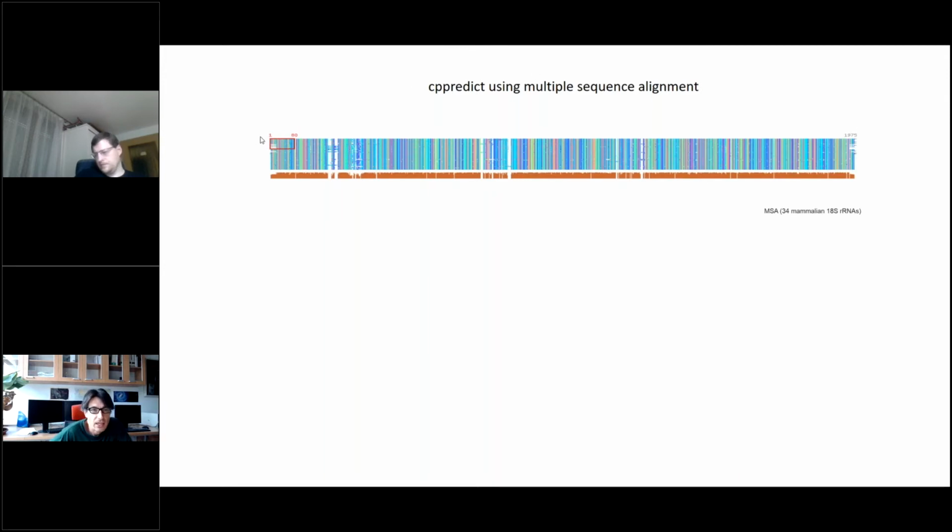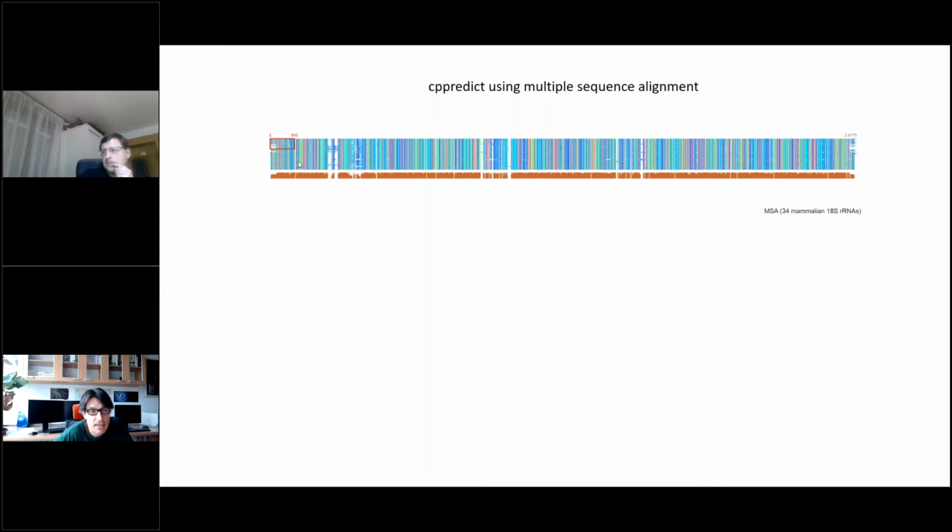In the rows of the alignment there are sequences of RNAs, and in columns there are aligned nucleotides that are colored according to their type. And this stripe below shows conservation of nucleotides.